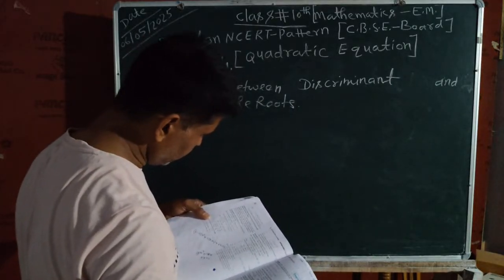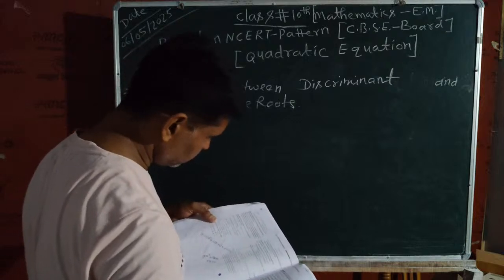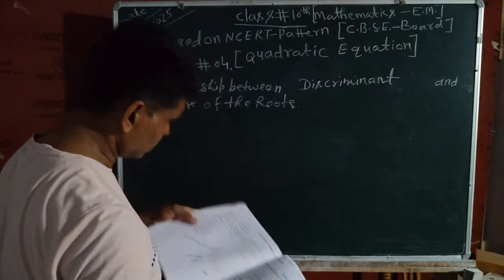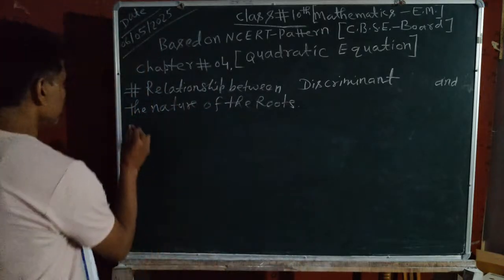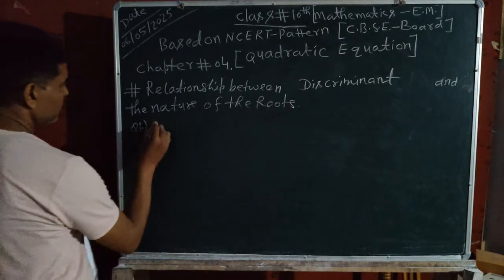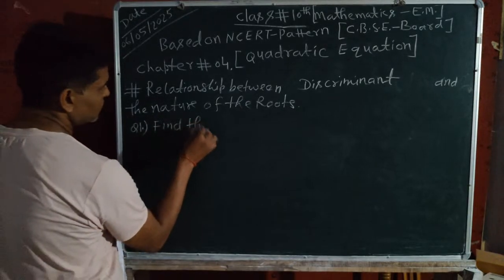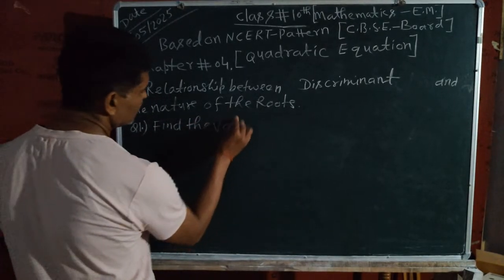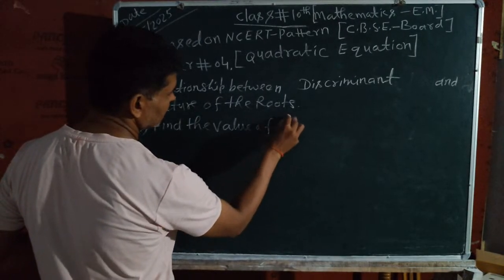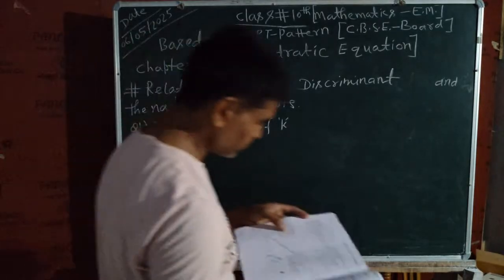Find the value of k for which the given quadratic equation. Here I have to write question number 1. Find the value of a. Here a is the unknown parameter and I have to get its value.